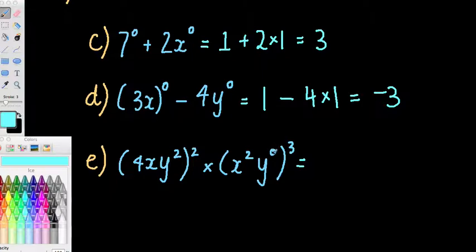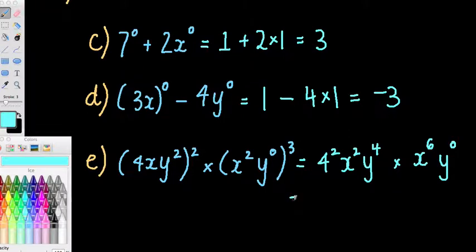Now we do have a 0, so all that's going to mean is when I do this one, it'll be 0 times 3. So, first step: 4 squared, x squared, y to the power of 2 times 2, which is 4. That's multiplying by x to the power of 2 times 3, y to the power of 0 times 3.